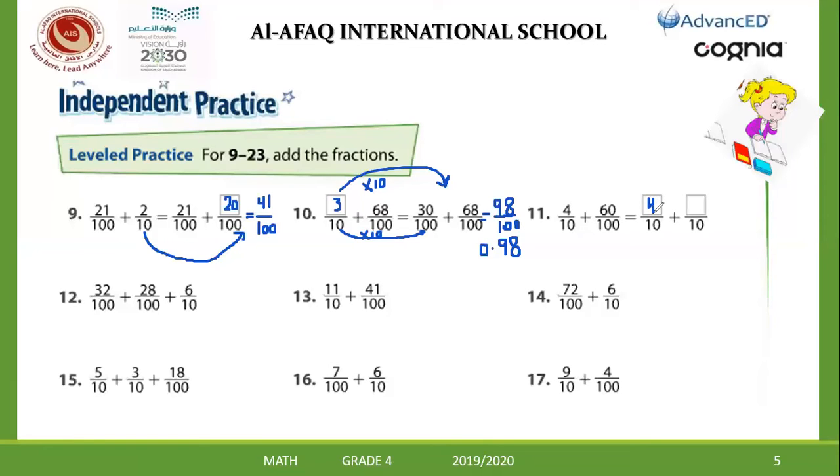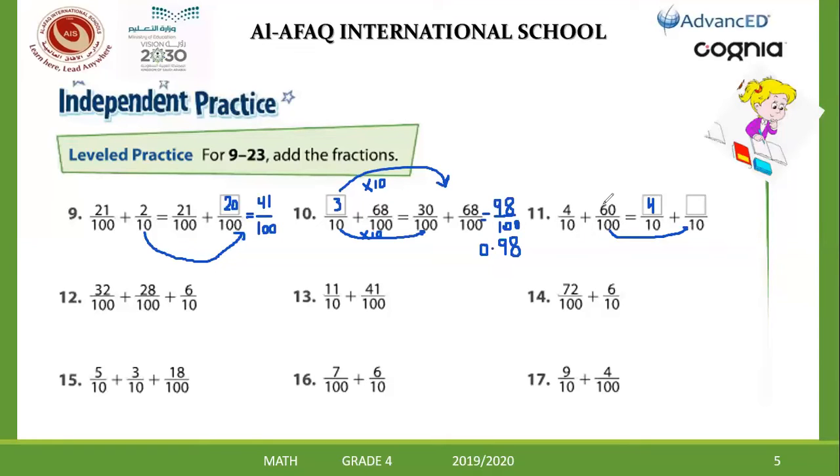What happened for the second fraction? Its denominator was 100, but it is now 10. What happened for this 100 to be 10? By using what? Division. So 100 divided by 10 will be 10. So as you divided the denominator, you must also divide the numerator.